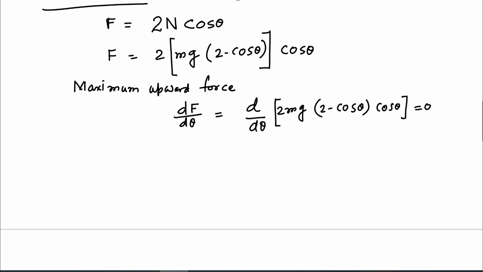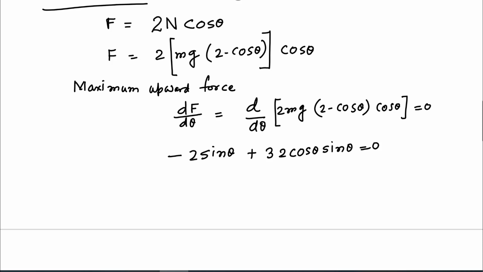If you do this, you will have minus 2 sin theta plus 3 times 2 cos theta sin theta equals 0.